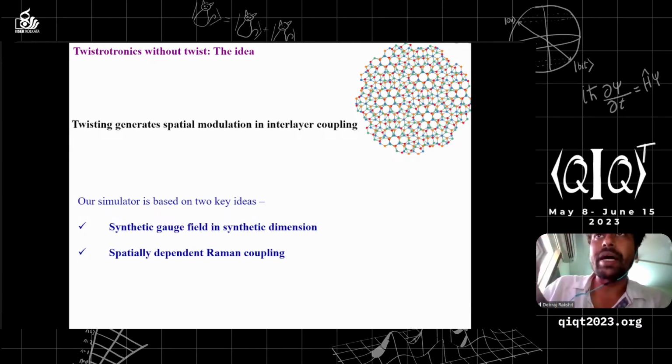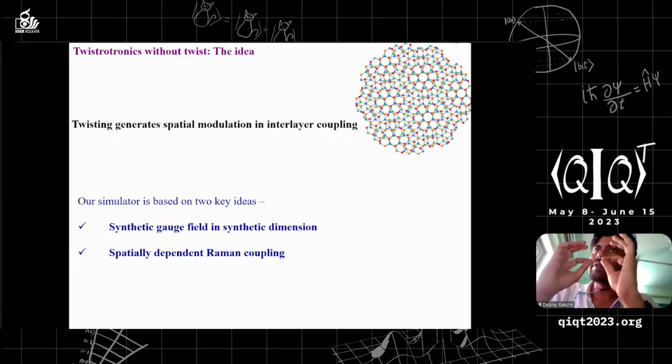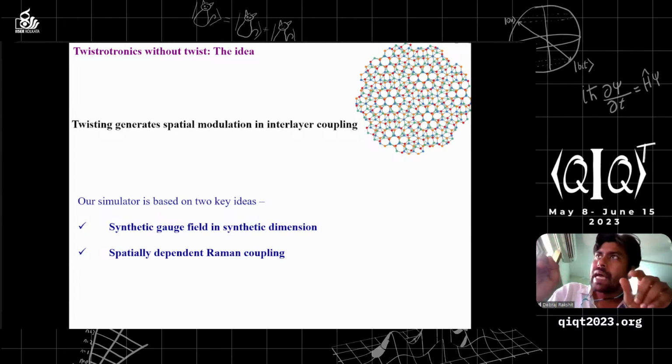I don't know if this part is clear, but let me visualize it a little differently. Let's think that you have a solid material, and the twisting that you are doing is not very different from taking two materials on top of each other, not doing any twisting, but applying different pressures at different points.